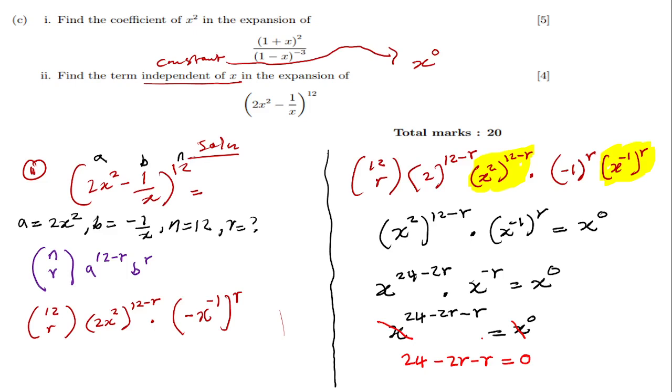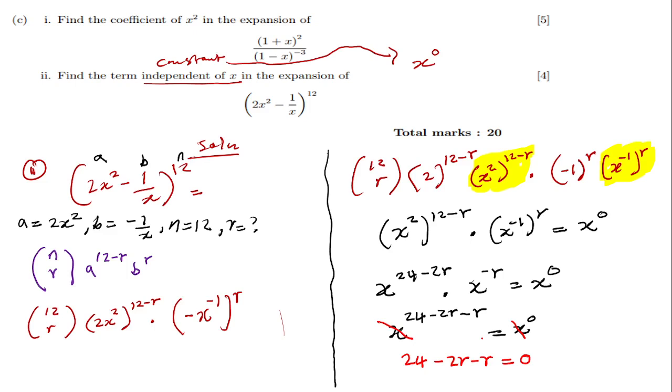So that one will simply be 12 combination 8, and then there you say 2x squared, and then you say 12 minus 8 is simply 4, and then you're going to have negative 1 over x to the power 8. 12 combination 8 is simply 12 factorial over n minus r, and then r like that.